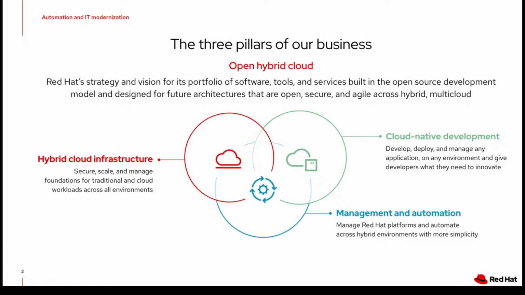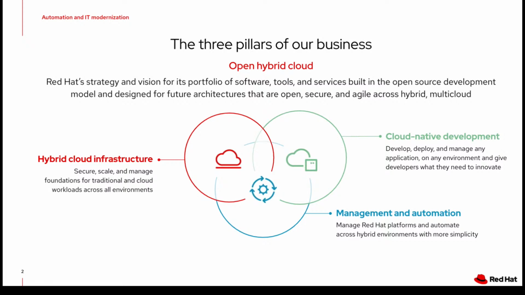Somewhat recently, we've really moved into this management and automation area, right? And this is where we're going to be focusing today. How can we make it easier for our customers to seamlessly manage not just their Red Hat platforms and infrastructure, but also automate across all of their environments and hybrid environments?